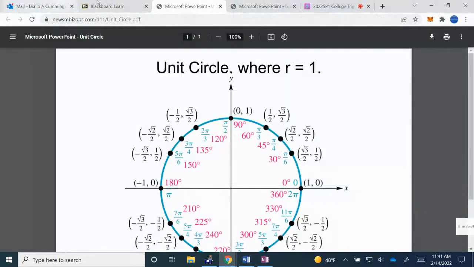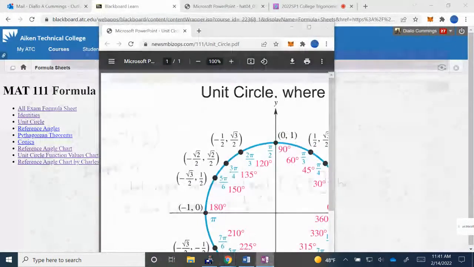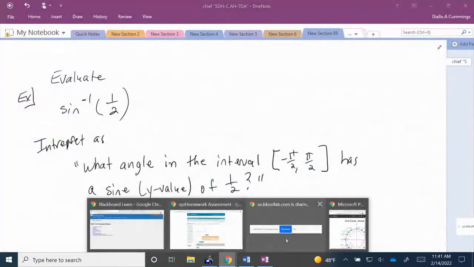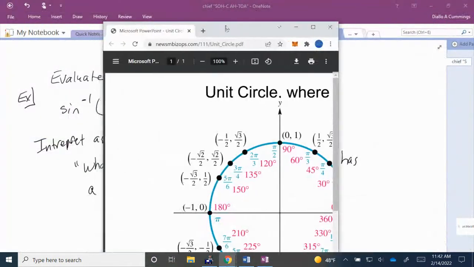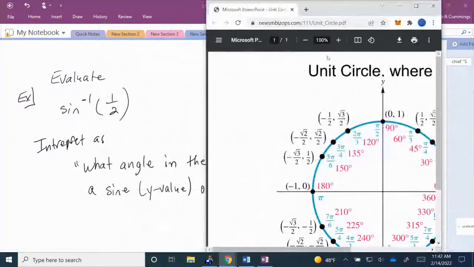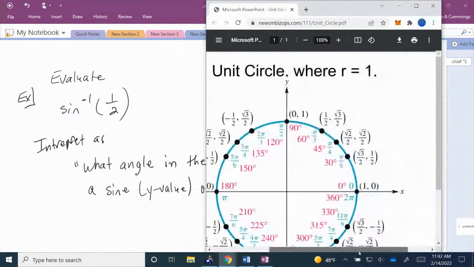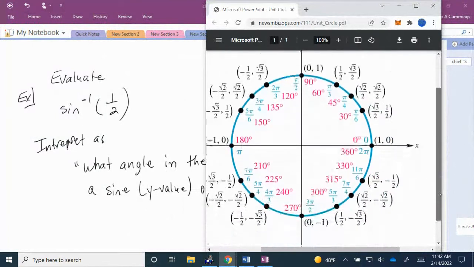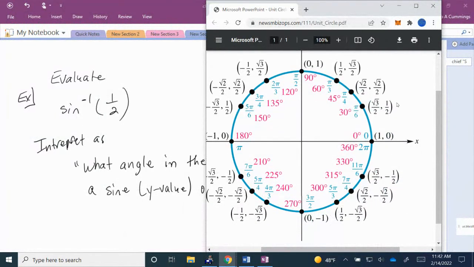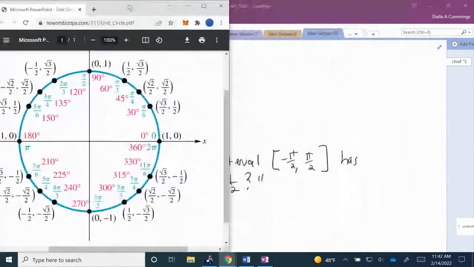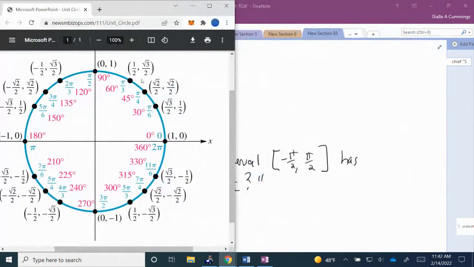So here is the unit circle once again. We have interpreted this as what angle in the interval from negative pi over 2 to pi over 2, so we're looking on the right-hand side of the unit circle, has a sine or a y value of positive 1/2.